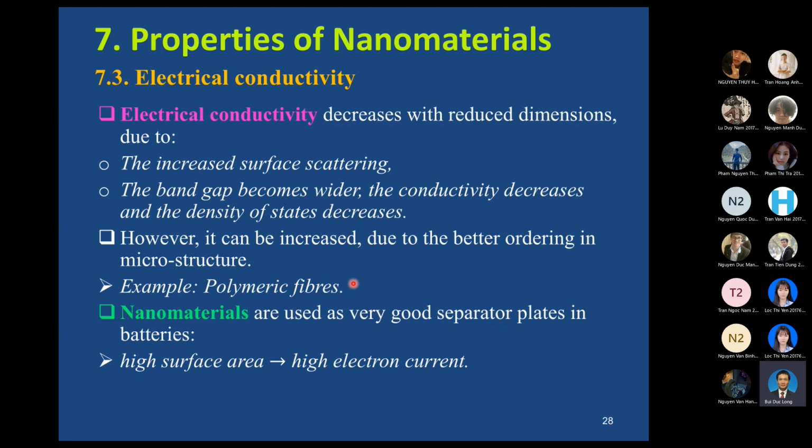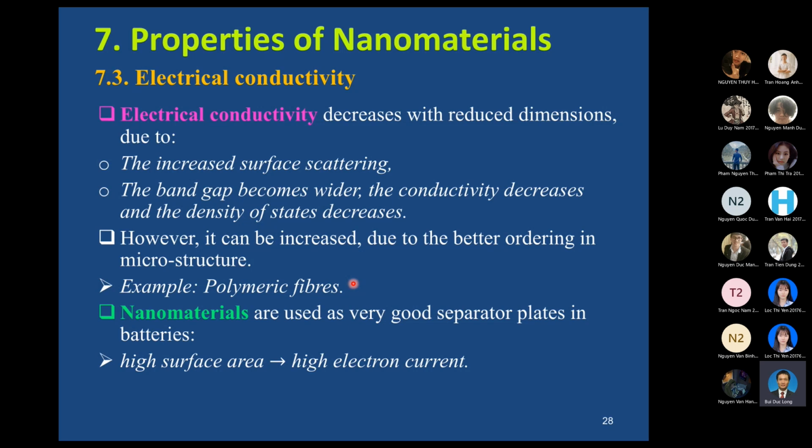And maybe you also know that for graphene, electrical conductivity and thermal conductivity are very high, or you can call it extremely high, compared to the form of graphite.